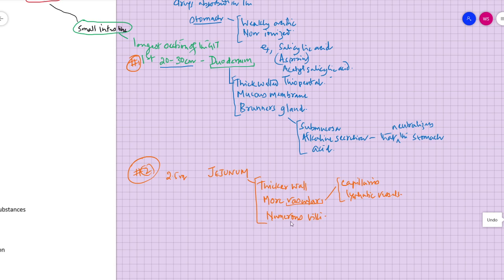Okay, so villi are basically the absorptive surface of the small intestine, and because there are numerous villi, this is the principal site of drug absorption.